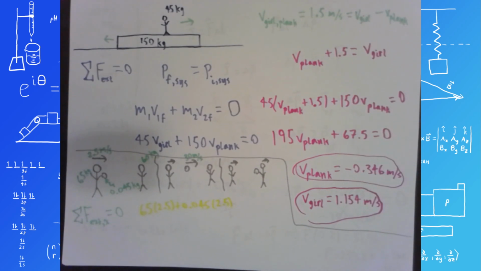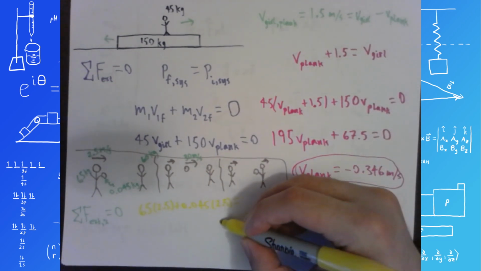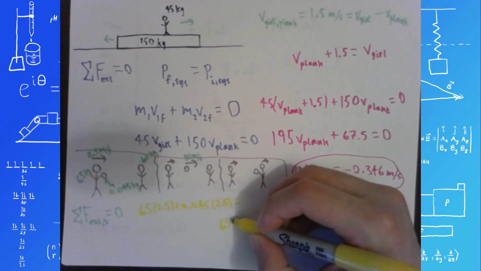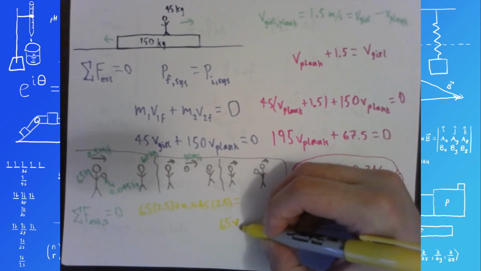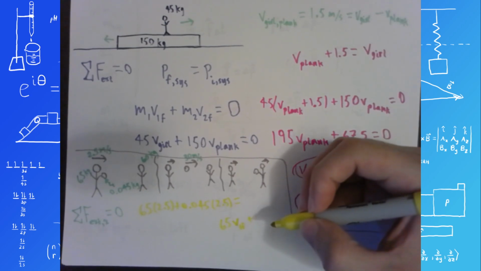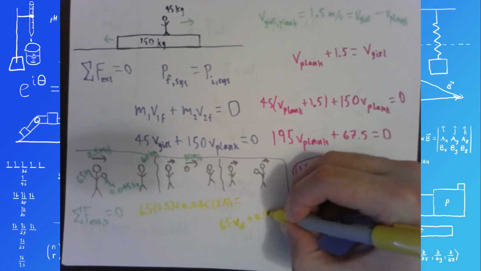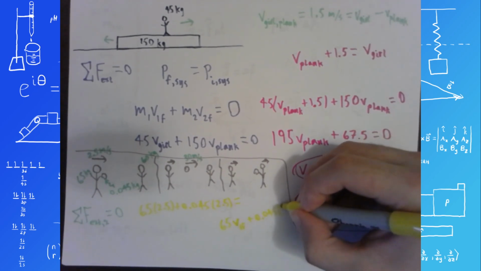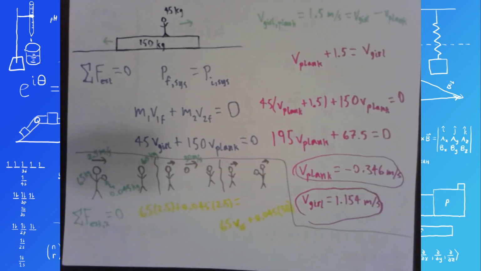That was the initial momentum of person 1 and the snowball, equals their final momentum, which is 65 times, well, we don't know yet. I guess I'll call it V1 final, plus the snowball is 0.045 again, times it moved at 30 meters per second after being thrown.